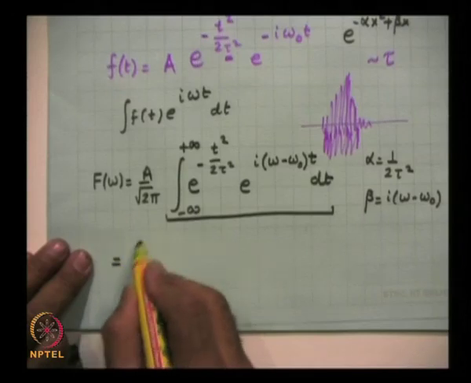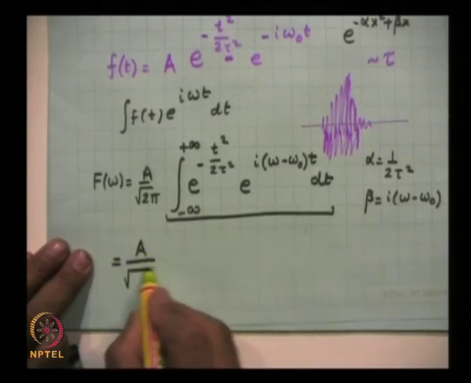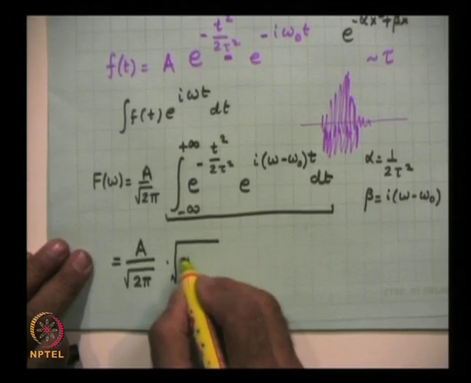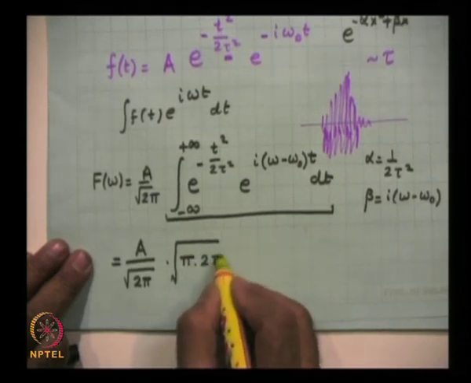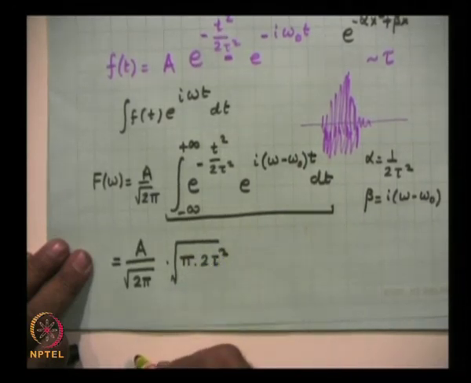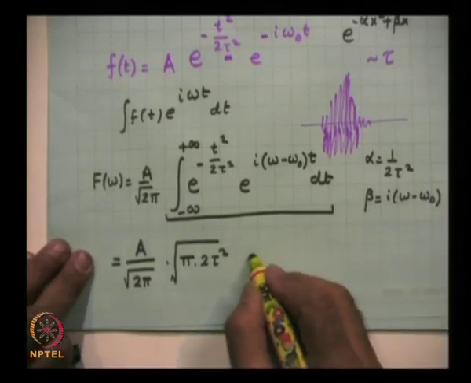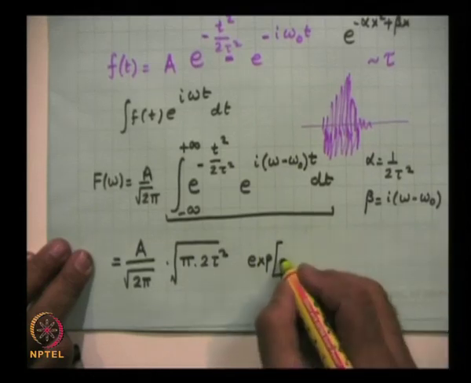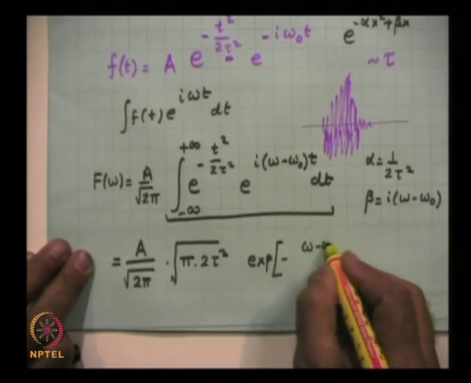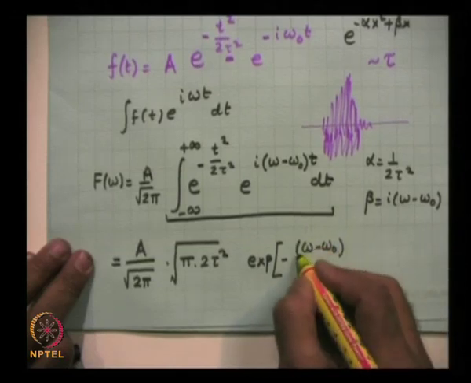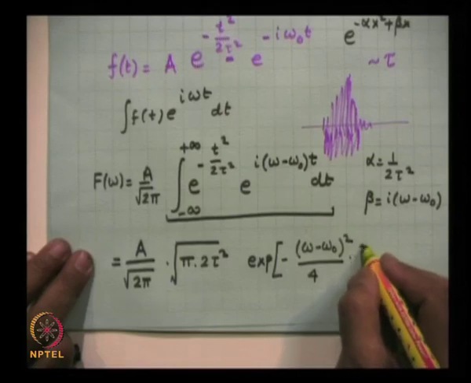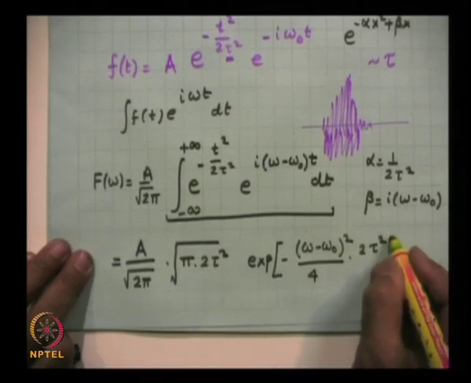So, the evaluation of this integral will be, please see this carefully, 1 over root 2 pi, under root of pi by alpha, that is under root of pi times 2 tau square, multiplied by exponential of beta square by 4 alpha, that is minus (omega minus omega 0) whole square by 4 alpha, which is 2 tau square, 1 over 2 tau square.